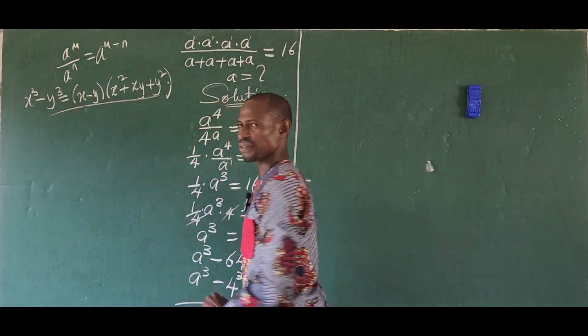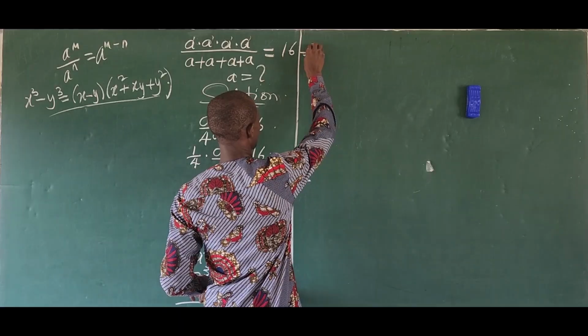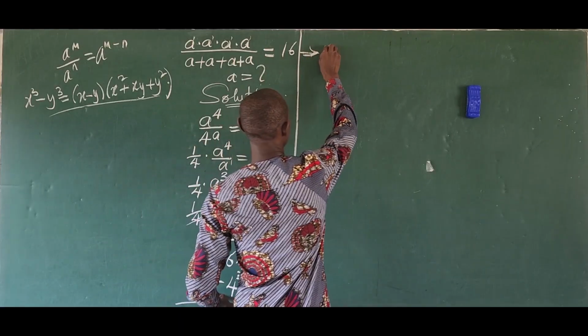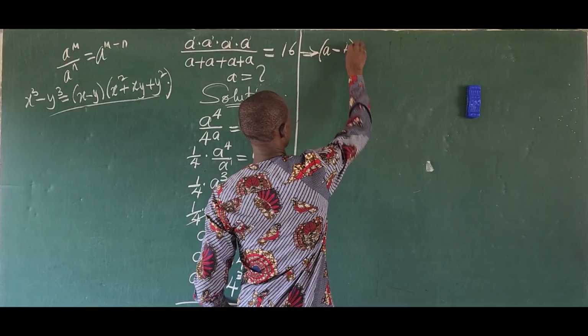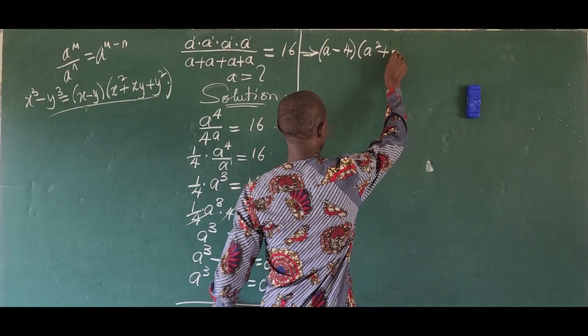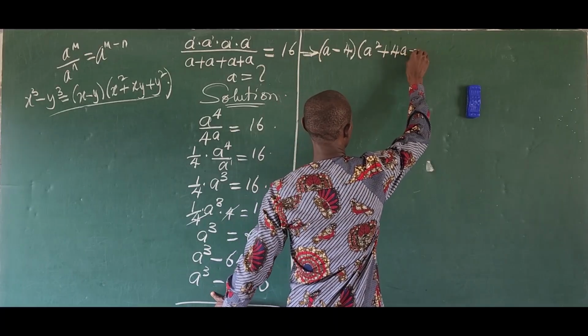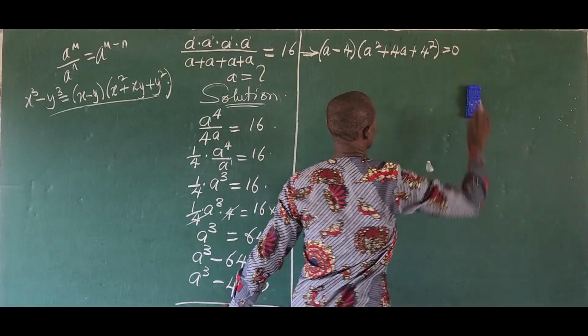We want to take it to this form here. So let's go ahead and rewrite this. So this now implies that the bracket a minus 4, close bracket, times a to the power of 2 plus 4a plus 4 to the power of 2, close bracket, equal to 0.